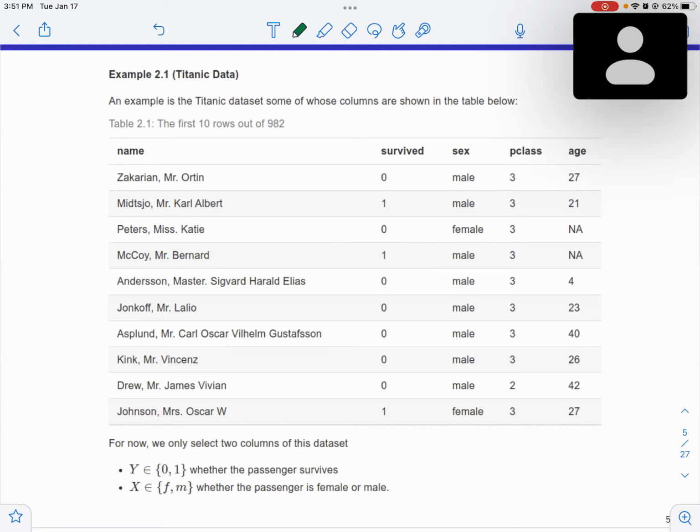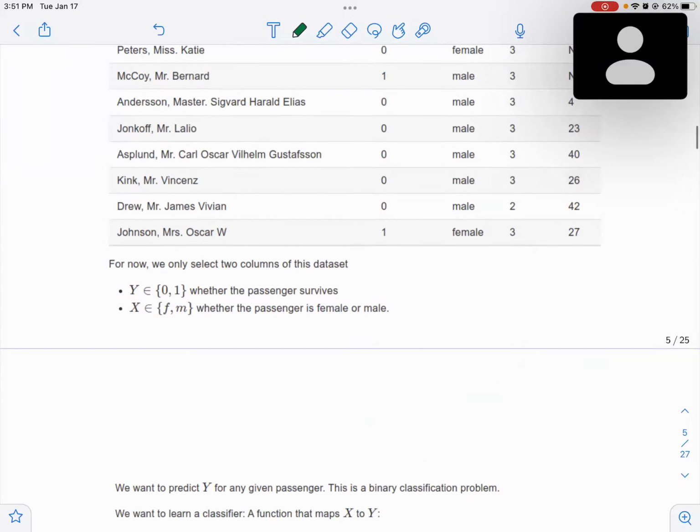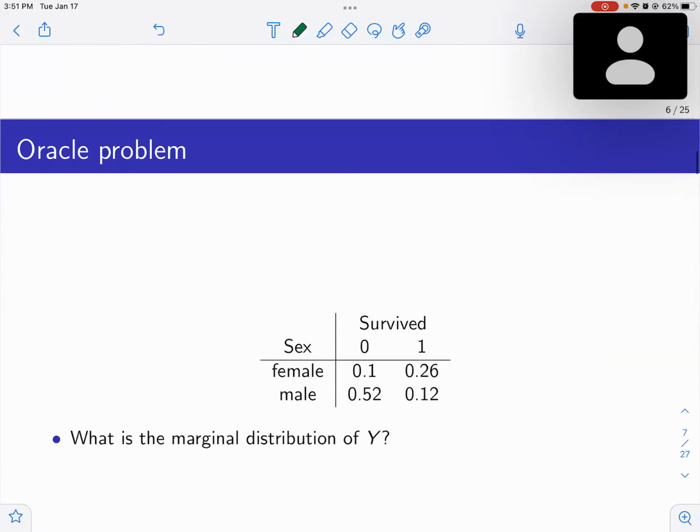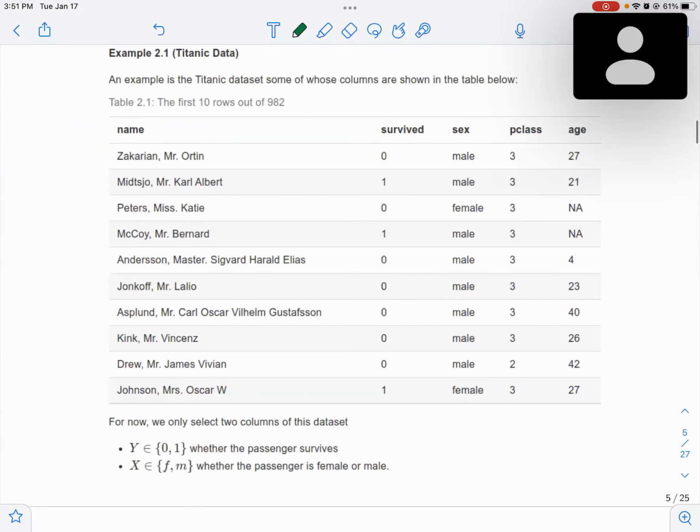So we want to estimate that joint distribution from the data. And if you remember, the joint distribution for us, in this simple case, was determined by 4 numbers, which is the probability of each case having this exact combination of these covariates. So now I can use the data to estimate these probabilities. So how do we do that?